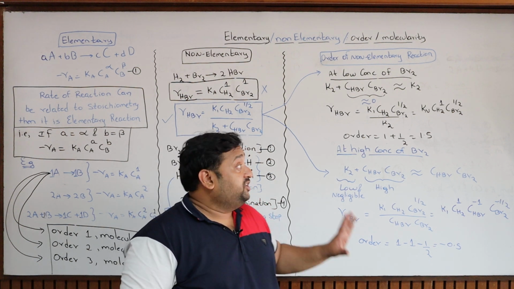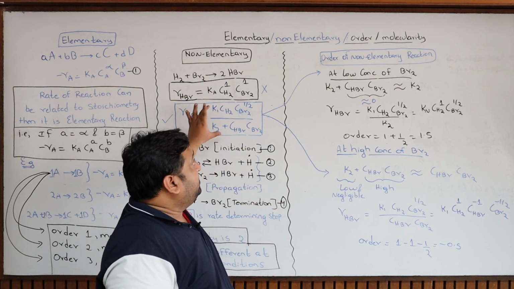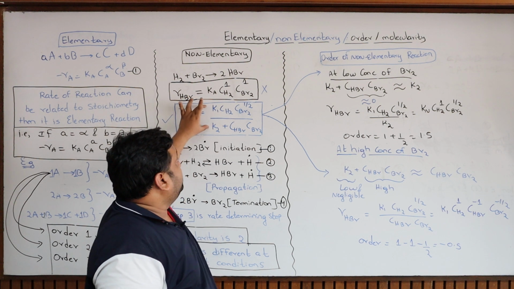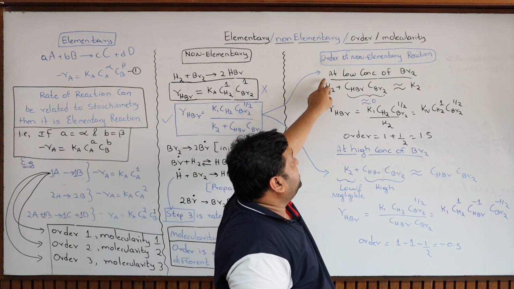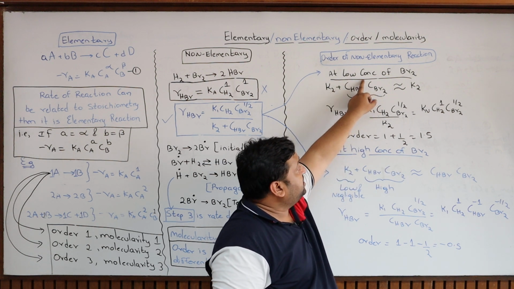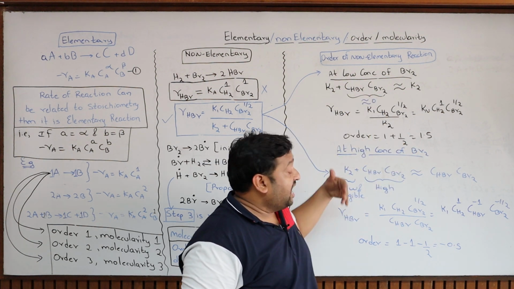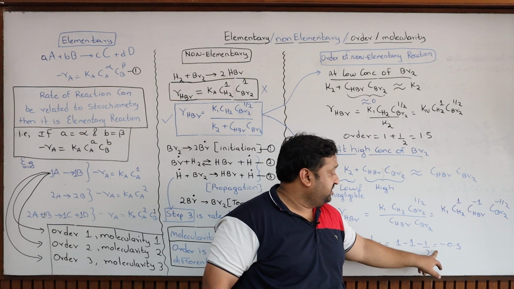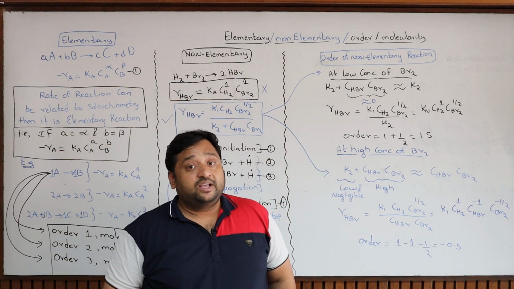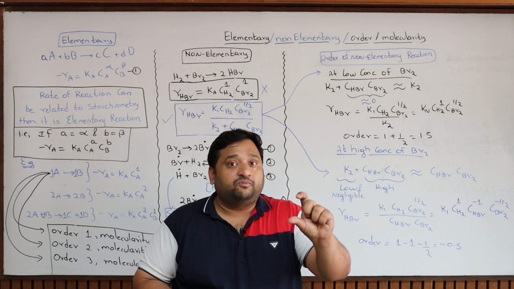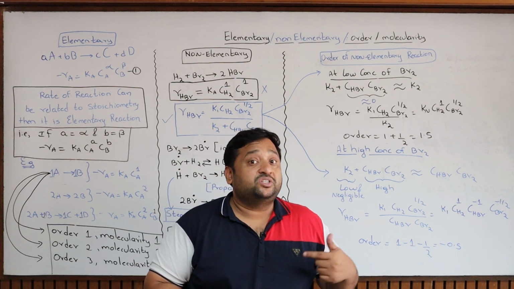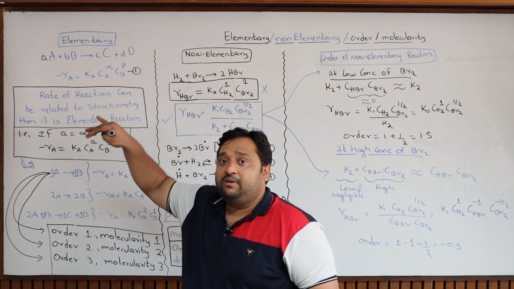See, the same reaction, look at this rate expression which comes from the experiments: at low Br2 conditions the order is 1.5, at high Br2 conditions it is minus 0.5. That is why for non-elementary reactions you cannot get the order or molecularity of the equation straightforwardly, like in the case of elementary reactions.